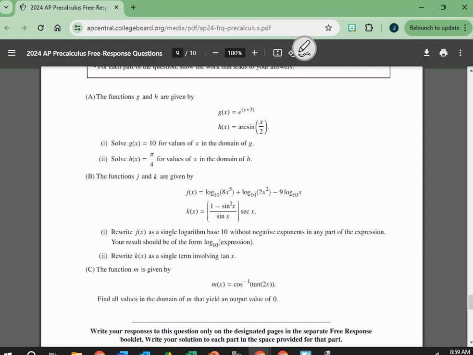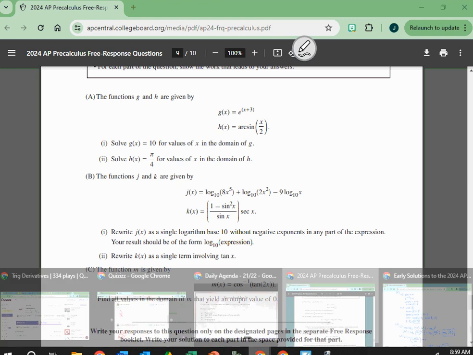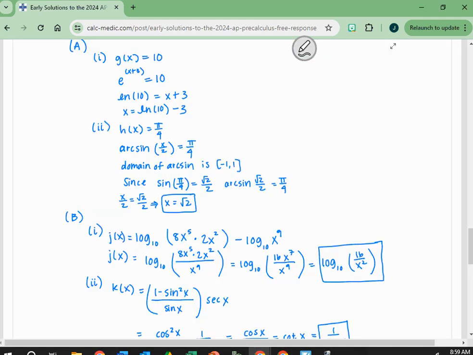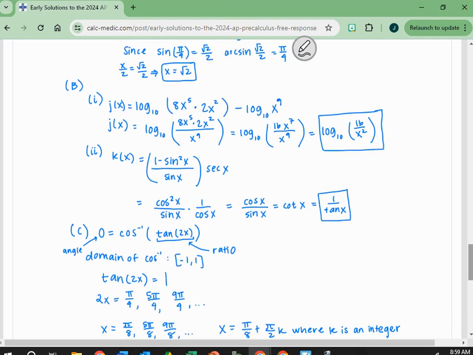Let's see. More functions. So B, letter I, that was just condensing, knowing your properties of logs. Hopefully, we know our properties. Didn't simplify it all the way. What did you do? I think I left it as 16x to the 7th over x to the 9th?